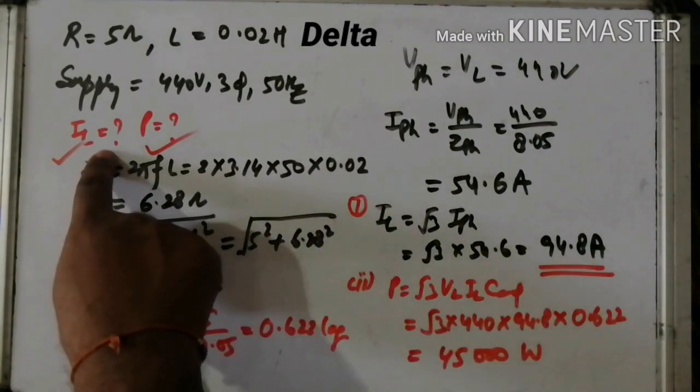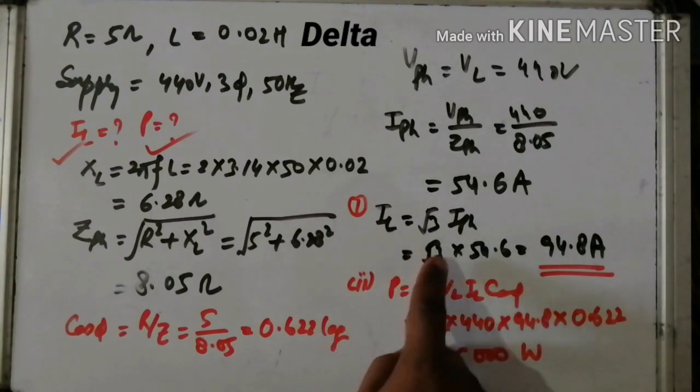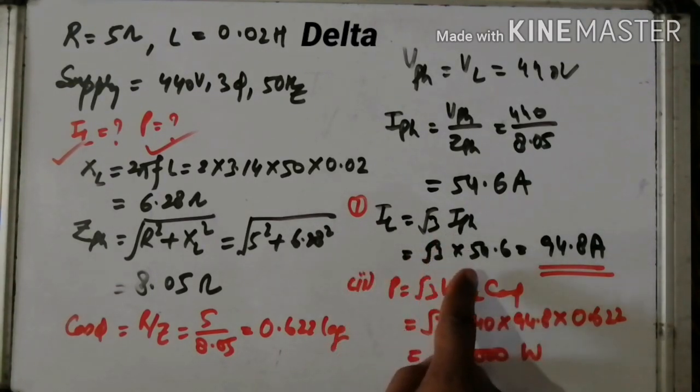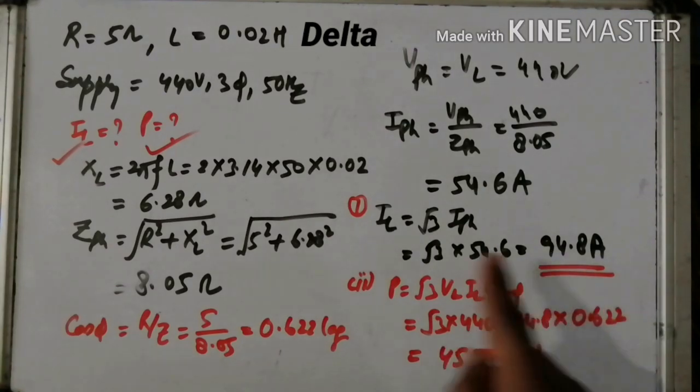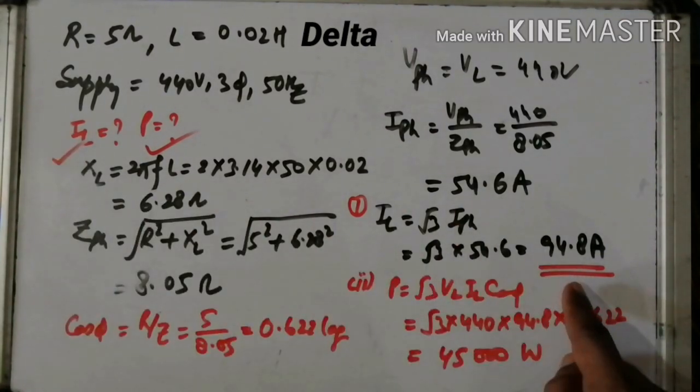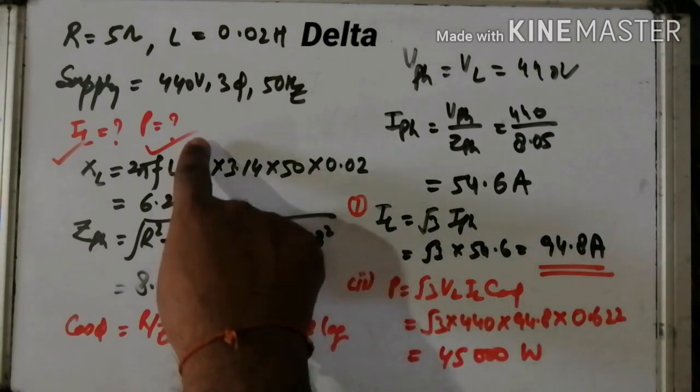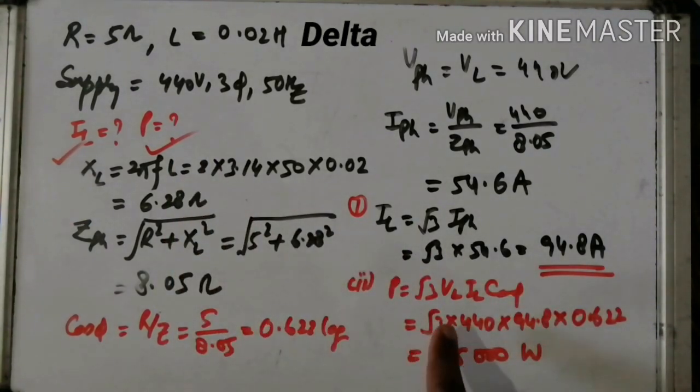This is our first part, and IL is equal to under root 3 times of IPH, that is 54.6 into root 3, it is 94.8. Line current is 94.8 ampere. Second part is the power consumption. Power consumption is under root 3 VL IL cos phi, and it is 45,000 watt.